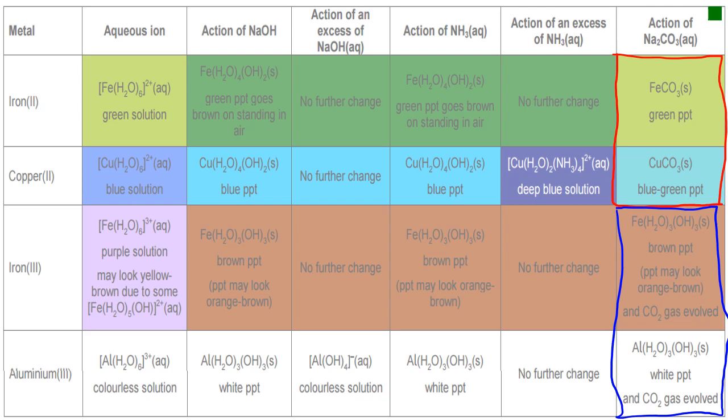Because with your metal 2+ ions, that's iron 2 and copper 2, you get a simple metal carbonate precipitate. So there's iron 2 carbonate and there's copper 2 carbonate by a simple reaction where the carbonate combines with the metal 2+ ion and forms an insoluble compound which precipitates out, of those particular colours.